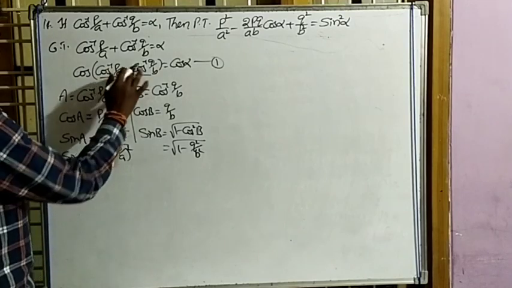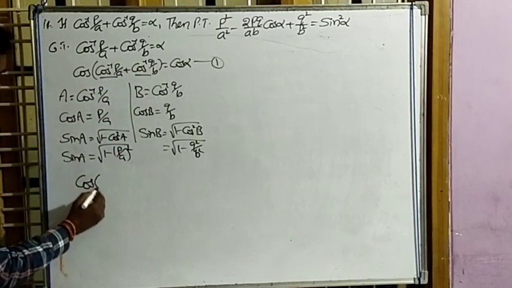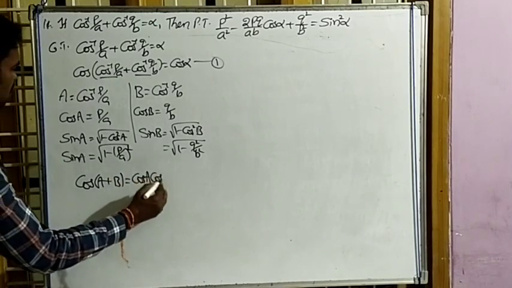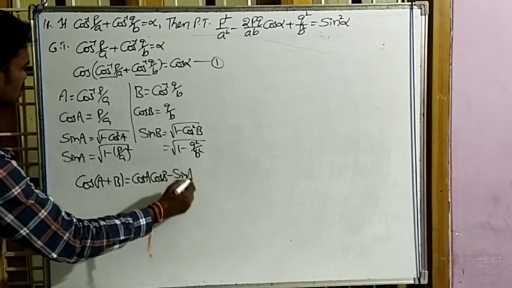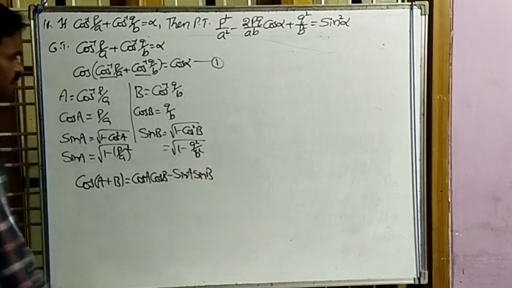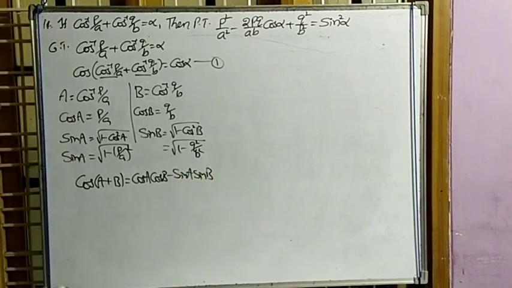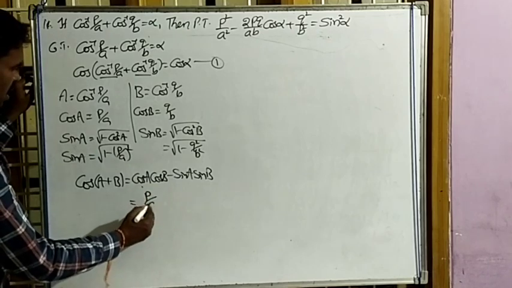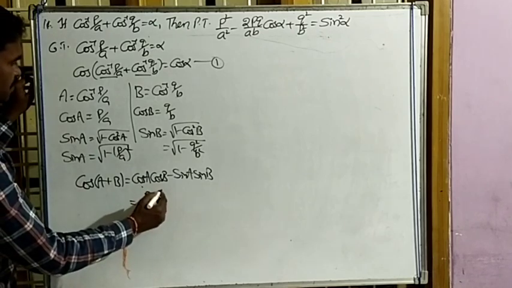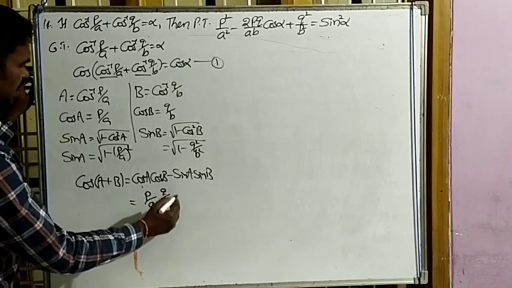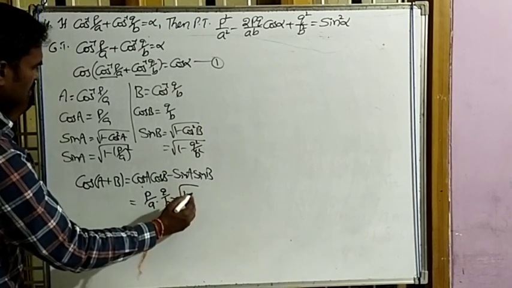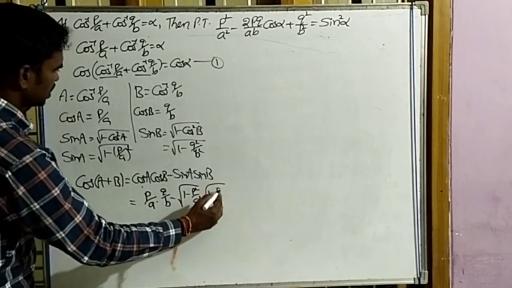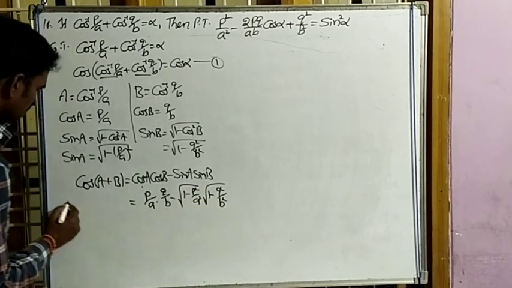Applying the cos of a plus b formula. So the cos of a plus b formula is cos a cos b minus sin a sin b. Okay. What is cos a? p by a. Cos b is q by b, minus sin a, root of 1 minus p square by a square, into sin b, root of 1 minus q square by b square.